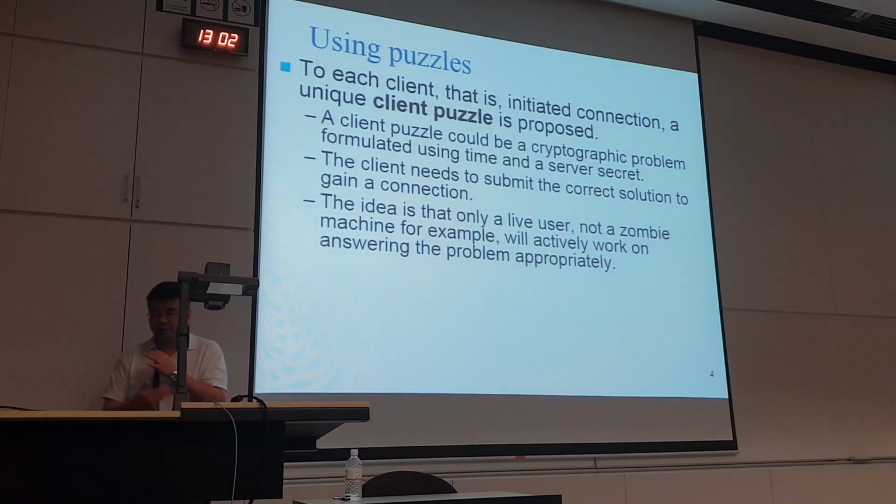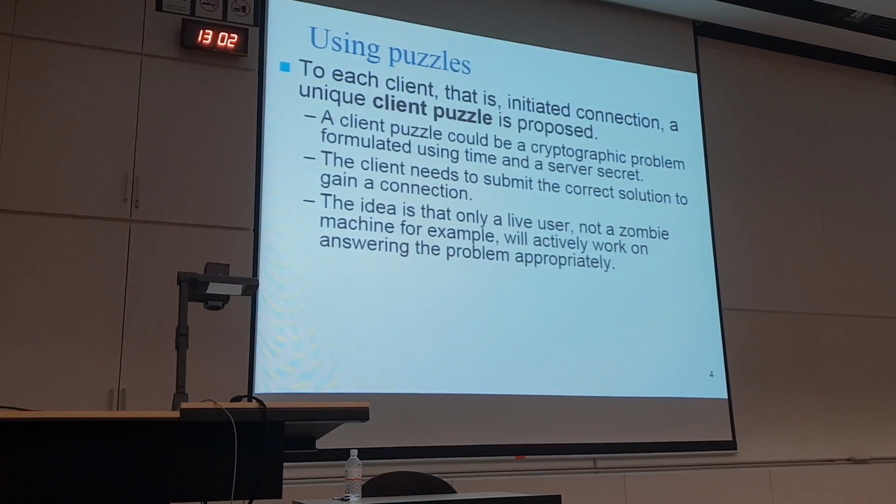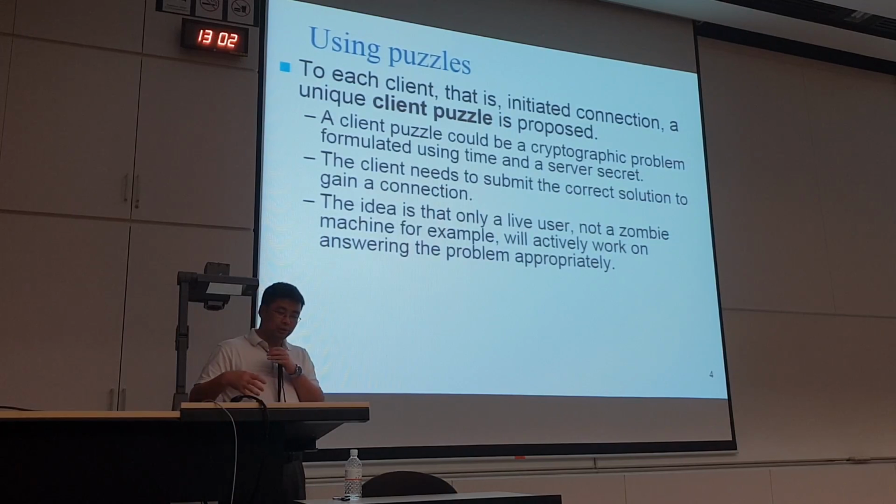So what you can do is a brute force. To give you a very simple example, suppose I create a secret input, and then I hash this input to get a hash output. If I give you the entire hash output, of course you cannot find the input because this is a one-way function. If you want to do the brute force, it may take a lot of time; that means you need to do a lot of work.